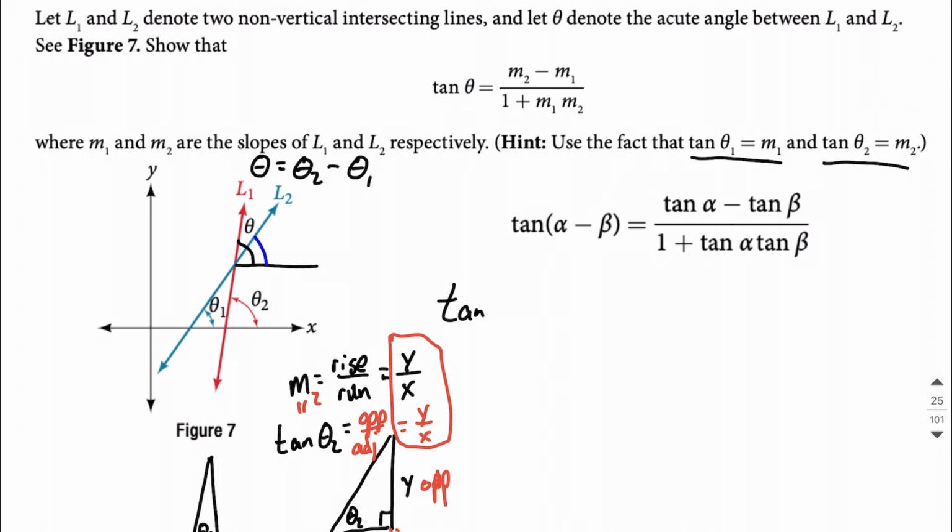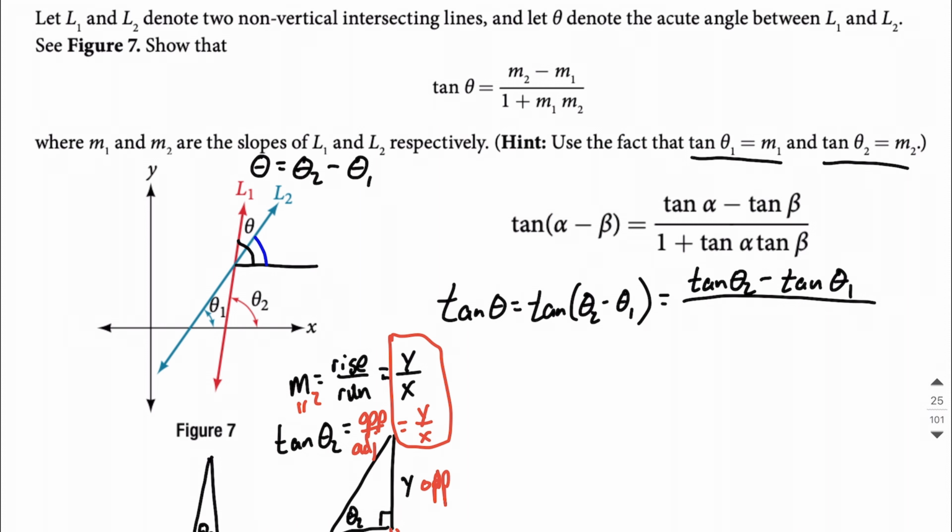All right, so putting that all together, we know that tangent of theta is going to be given by tangent of theta sub 2 minus theta sub 1. Just filling into our difference formula for tangent, it's written right up above there. You can say this is tangent of our bigger angle, theta sub 2, minus tangent of our smaller angle, theta sub 1, over 1 plus tangent of theta sub 2 multiplied by tangent of theta sub 1.